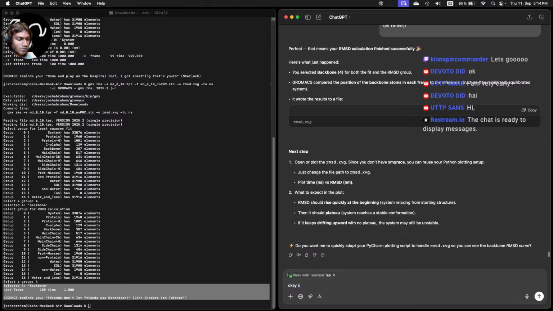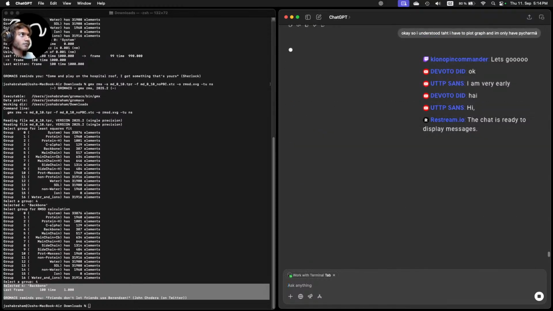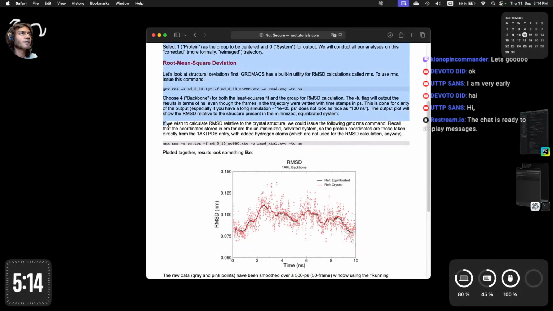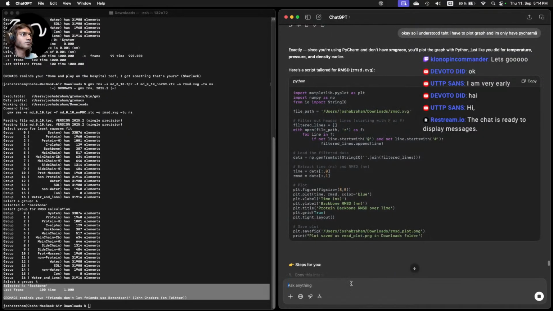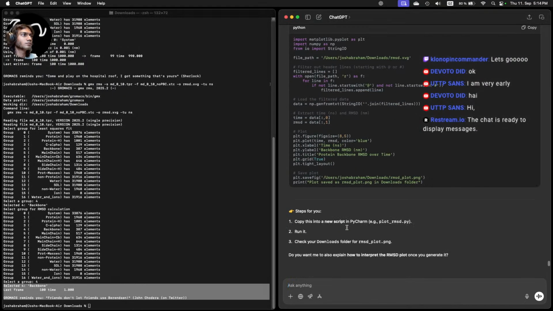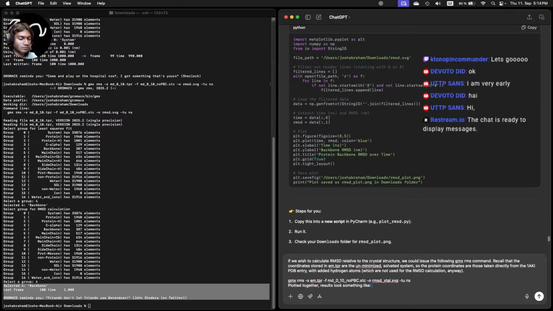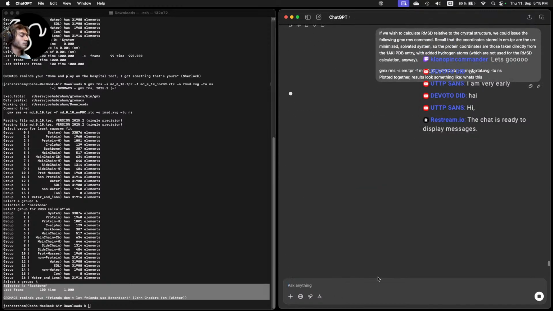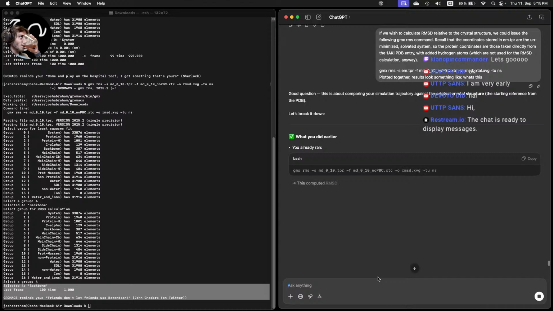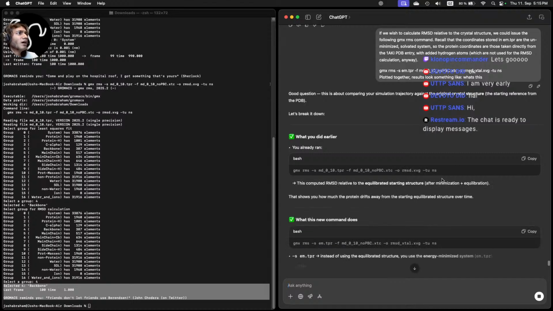Okay, so I understood that I have to plot the RMSD computed relative to the equilibrated starting structure.